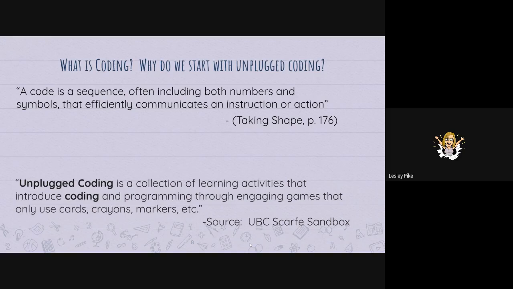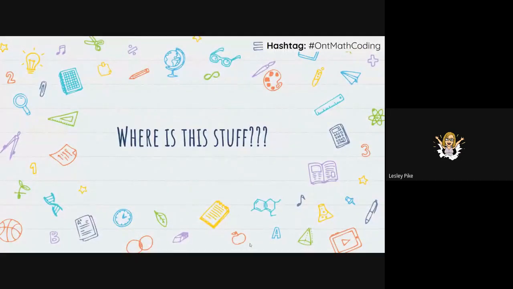However, unplugged coding is a collection of learning activities that introduce coding and programming through engaging games that use only cards, crayons, markers, etc. So things like loose parts. Basically, unplugged coding helps eliminate the equity issue around access to technology. All you need for unplugged coding are things that you already have in your classroom that students use on a daily basis. So where is this stuff?